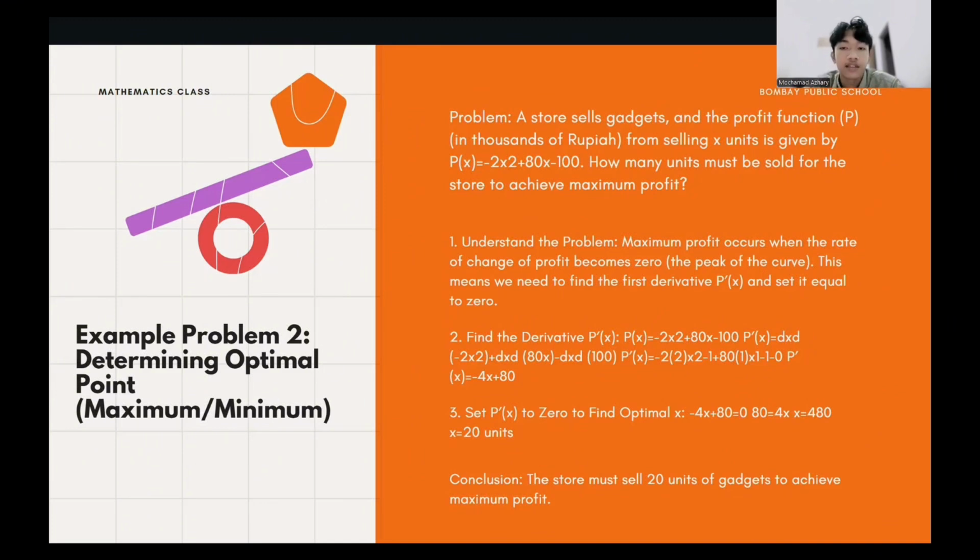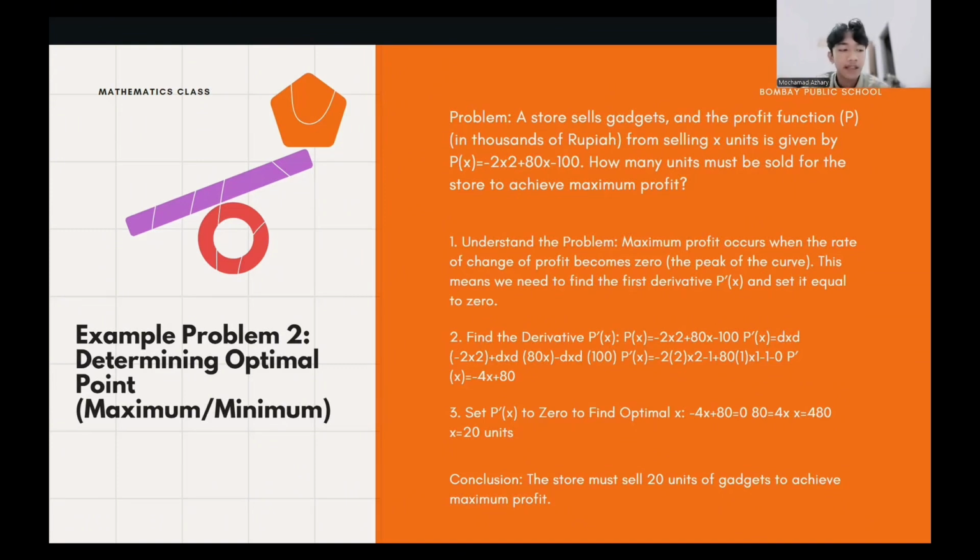First, understand the problem. Maximum profit occurs when the rate of change of profit becomes zero at the peak of the curve. This means we need to find the first derivative P prime of x and set it equal to zero.